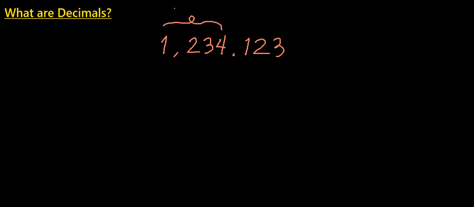So let's say we have 1,234.123. So this example is a decimal, a whole number, and the fractional part or the decimal part.